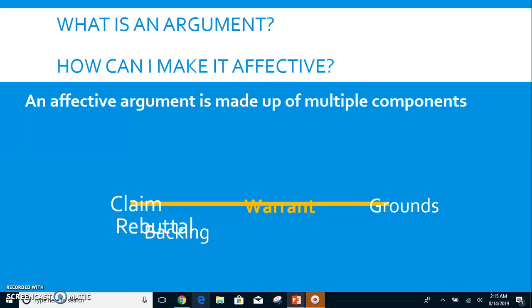Rebuttal and backing are kind of mushed together because your backing is anticipating what they're going to say, and you're going to try and defend your claim, your warrant, and your grounds from what other people may argue against whatever it is that you're standing up for.